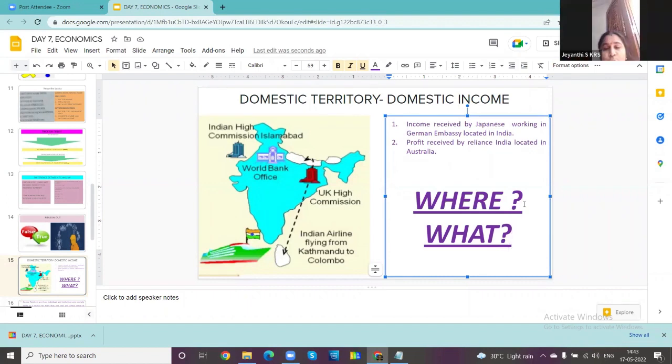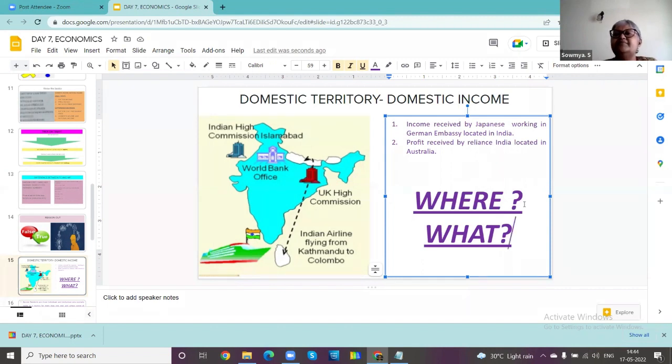What is located, and where it is located? Probably that extra line will give them an idea. What? Indian military. Then where? Wherever it is, it's ours. So raise the question where and what together. That's what I tell my children normally.